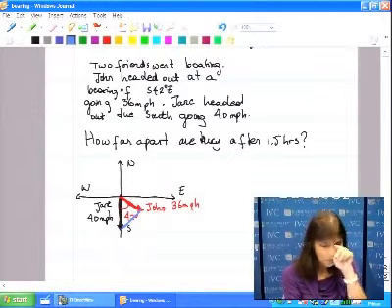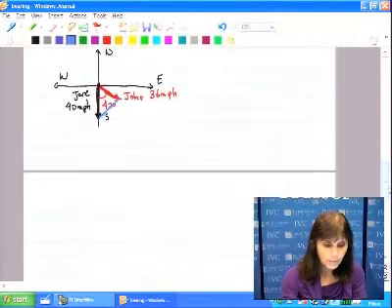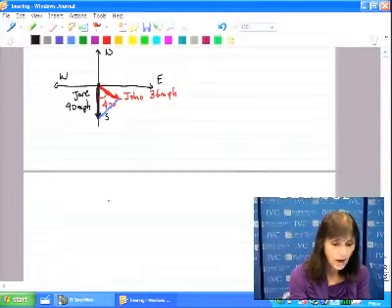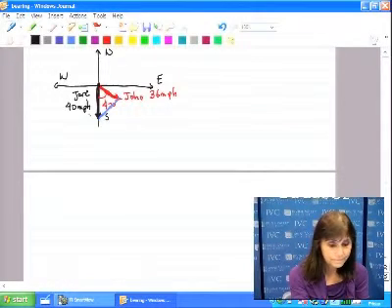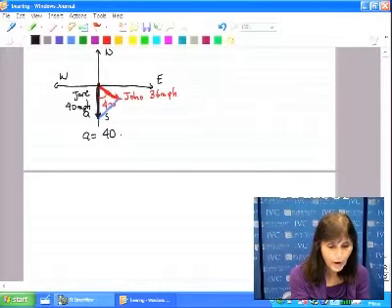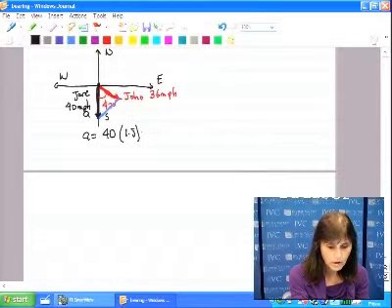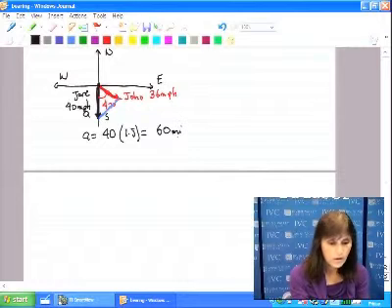Now, let's look at this. What kind of problem is this? Just start with the real life problem and then go to the trig problem. Here's my real life problem. I'm going to draw the trig problem now. I need to find out how much Jane traveled. Let's call that A. So A, the distance, is 40 miles per hour times 1.5 hours. So she actually traveled 60 miles.